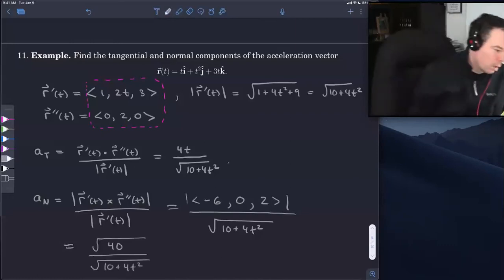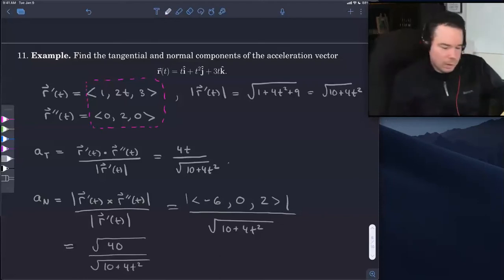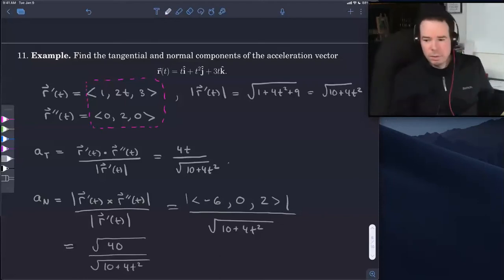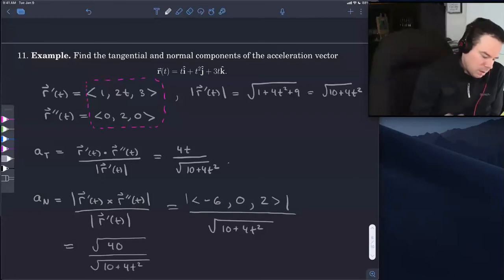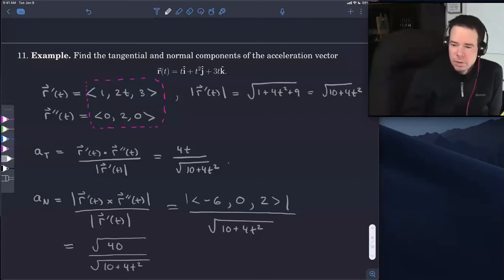And so there's our normal acceleration component. And so that's how we can compute these tangential and normal accelerations using the original vector valued function r. We just use the corresponding dot products and cross products of their various derivatives.